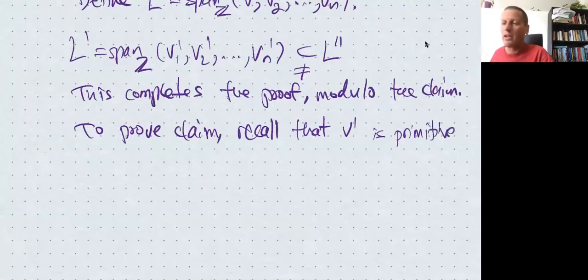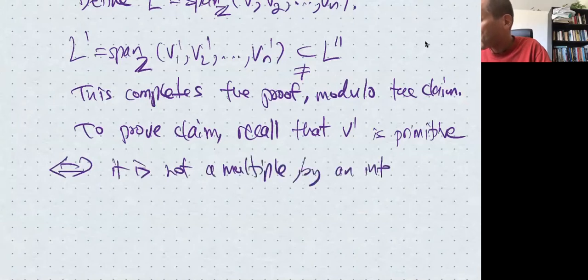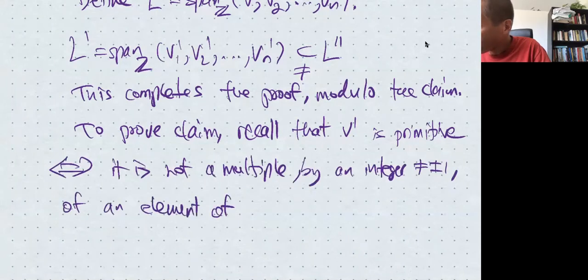In other words, a vector in a lattice can be completed to a basis in the lattice if and only if it is not a multiple by an integer which is not plus or minus 1 of an element of the lattice. So this was a statement that I proved at the end of the last lecture.